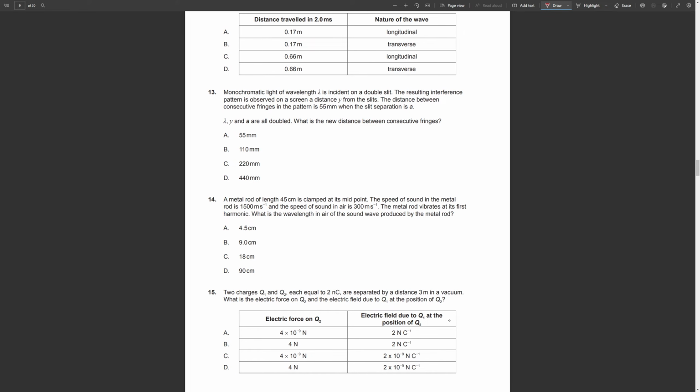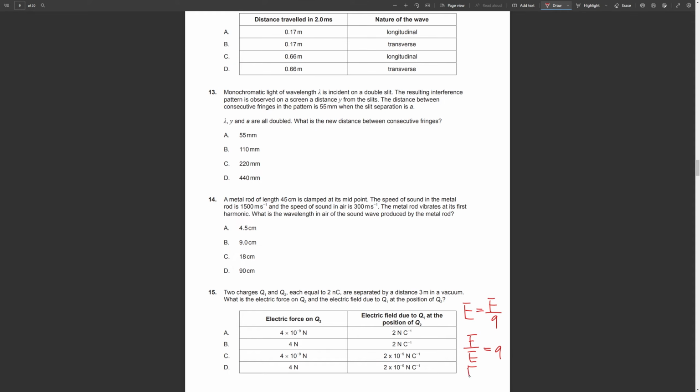Question 15. You are given 2 charges, and you are going to deduce the force and the electric field strength relationship. Let's start with the equation of electric field strength, defined as force per unit charge acting on a positive small test charge. The ratio of F to E is equal to its charge.